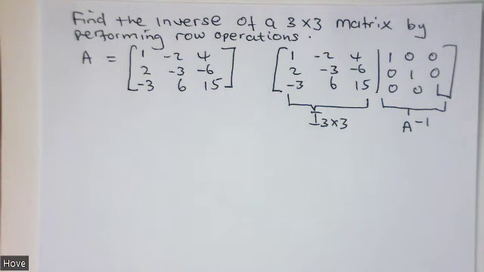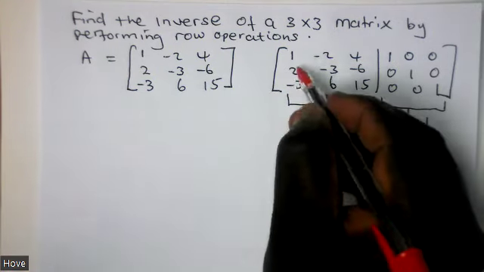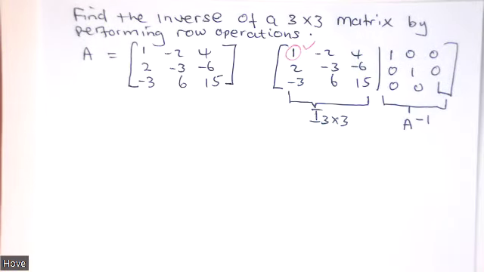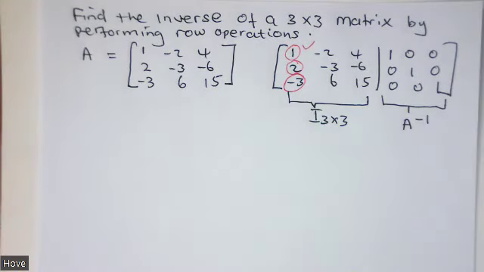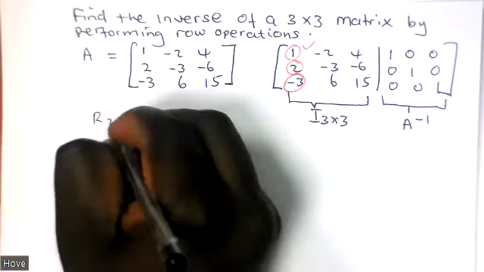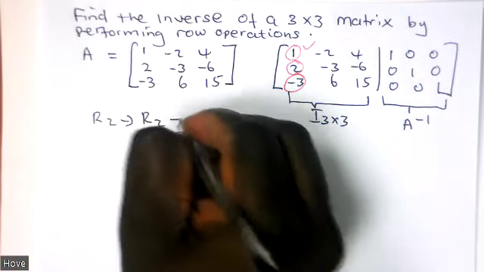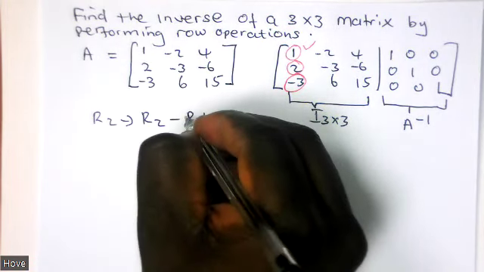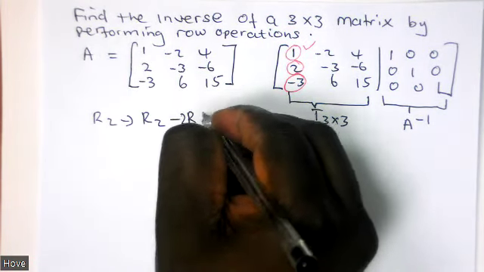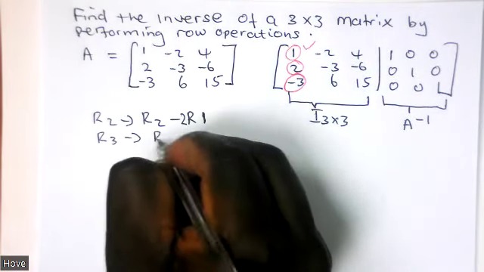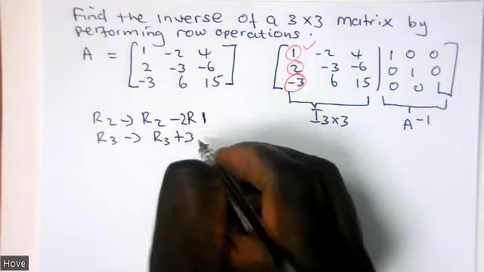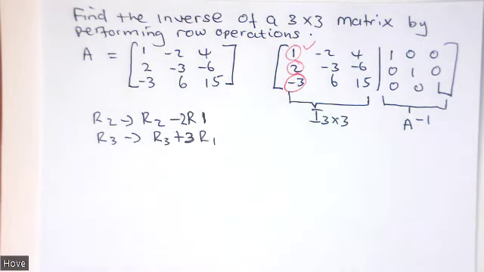So how do we do that? For those who are familiar with row operations, since we already have a pivot 1, we want to create a 0 here and a 0 here. That is the starting point. To do that, we say row 2 goes to row 2 minus 2 row 1, and row 3 goes to row 3 plus 3 row 1.